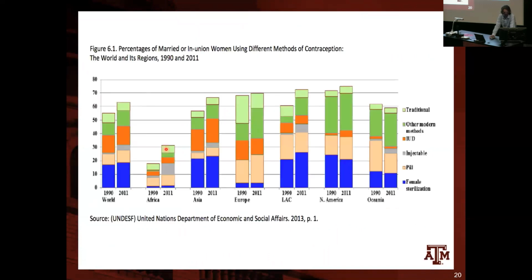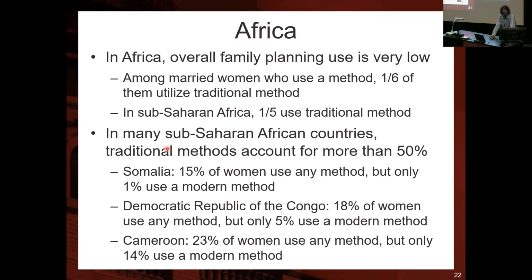And that's exactly this percentage here. 1 in 6 women are using these traditional methods in Africa, this light green. In sub-Saharan Africa, 1 in 5 use traditional methods, right? Even higher percentages. In many sub-Saharan African countries, traditional methods account for more than 50%. So that's why you still have a lot of chances of unintended pregnancies in African countries, and more specifically in sub-Saharan countries, because of the high percentage of women using traditional methods, which are less effective at preventing pregnancy.